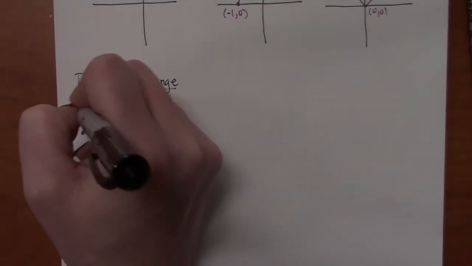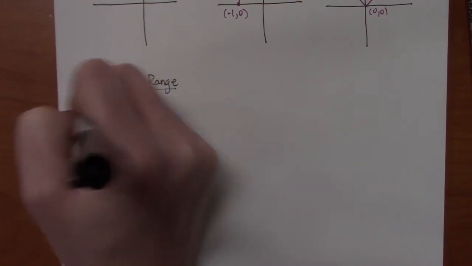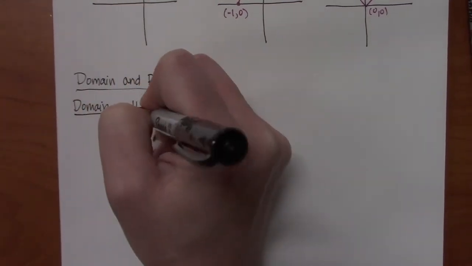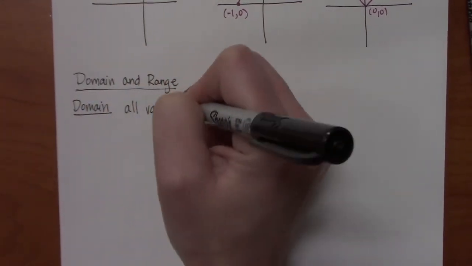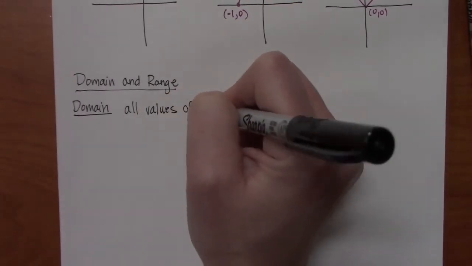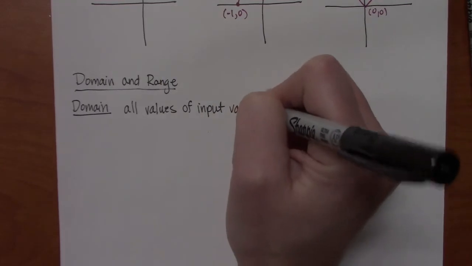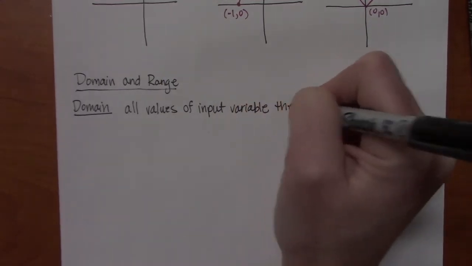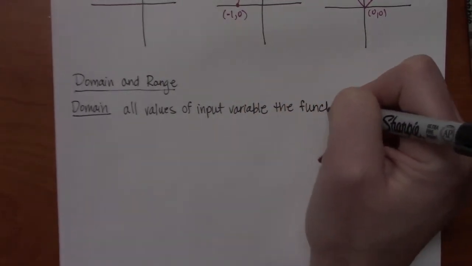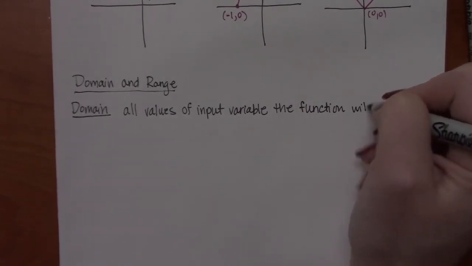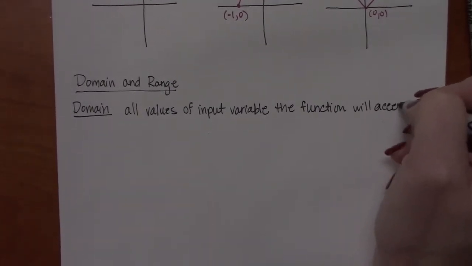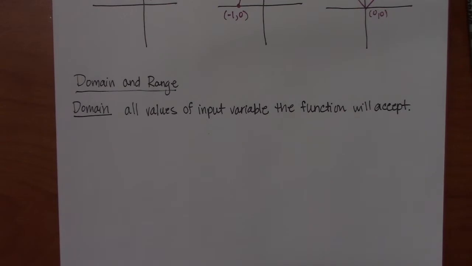So first, let's define. Domain are all values of the input variable that the function will accept.